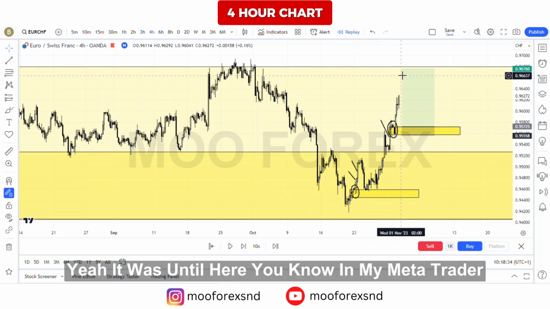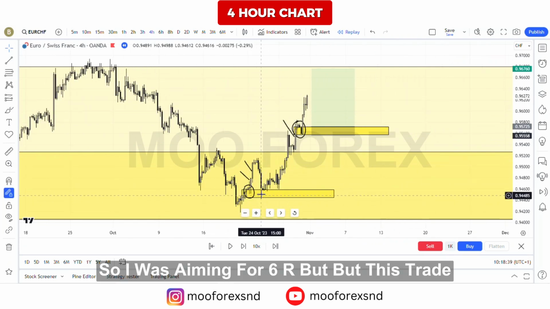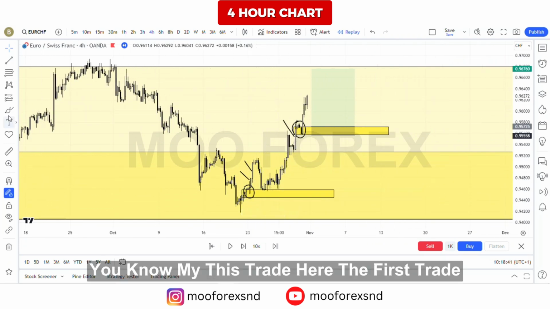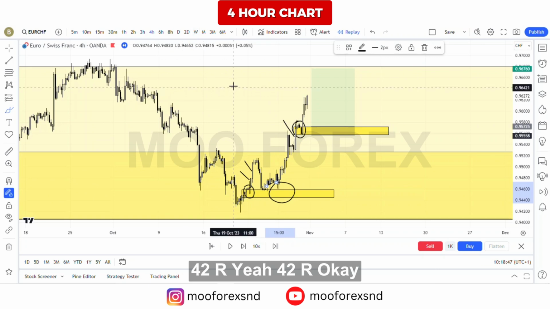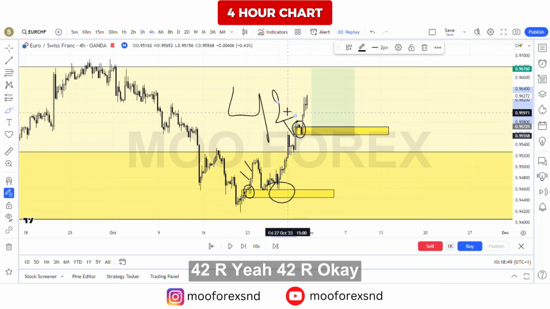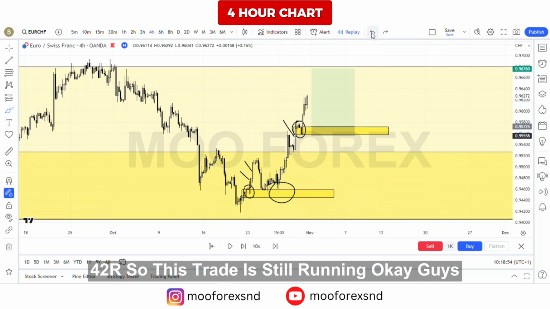Yeah, it was until here, in my MetaTrader. So I was aiming for 6R, but this trade, the first trade, is still running, and I am aiming for 42R, yeah, 42R, okay, 42R.